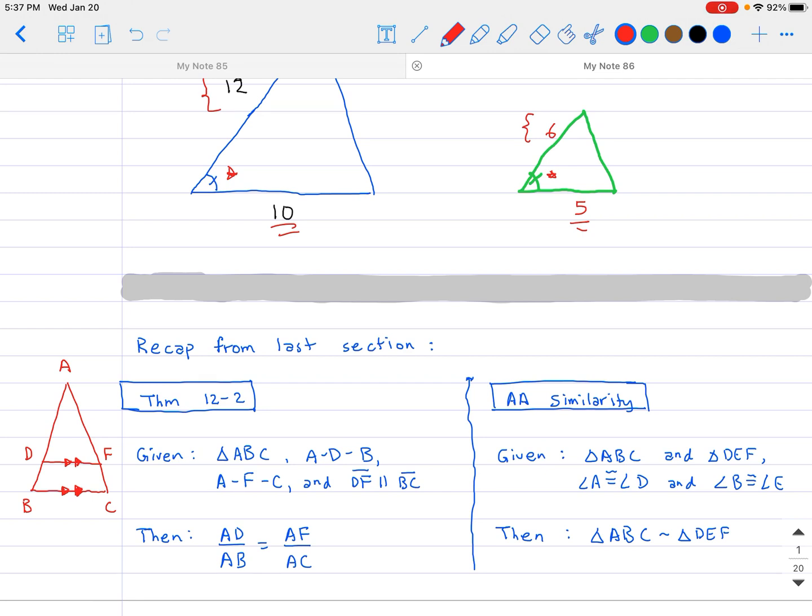Last time we talked about Theorem 12.2, which says that if you have a triangle and you have a point D on one side and point F on the other side, such that DF is parallel to BC, then the conclusion is that AD over AB is equal to AF over AC.